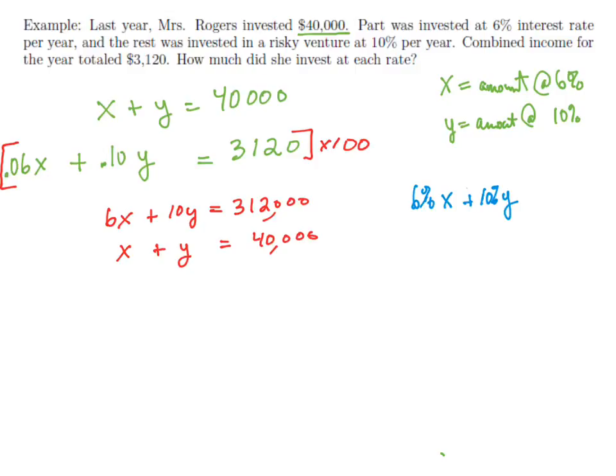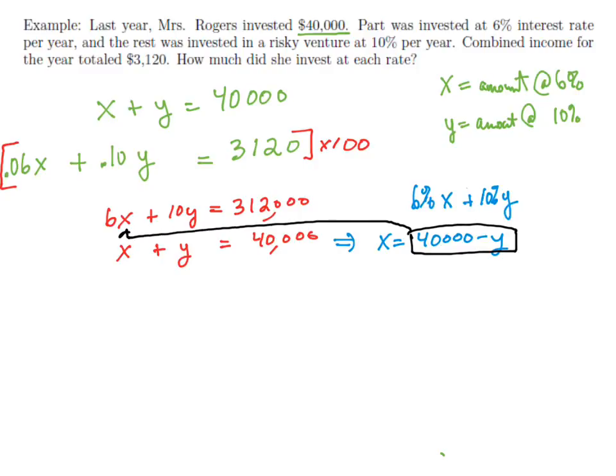Okay, in the second equation, we have both variables with a 1 as its coefficient. So I'm going to use the substitution method here. What we can see is that if I solve this second equation for x, we would have x is equal to 40,000 minus y. And then I'm going to take this value of x and substitute it into the first equation.